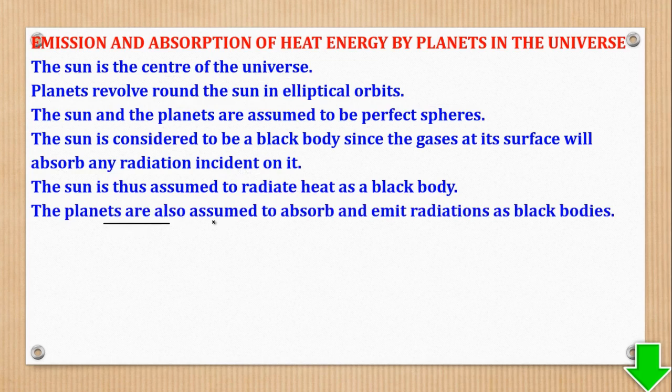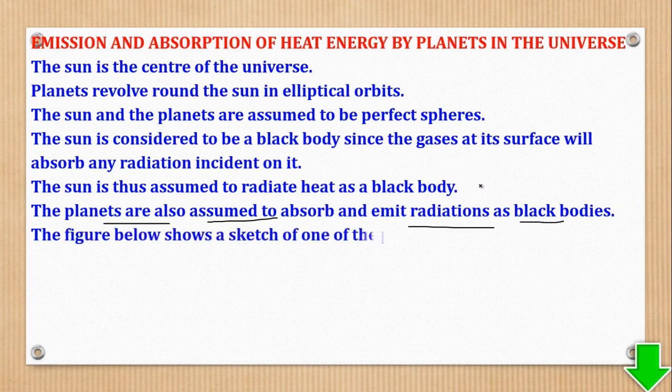The planets are also assumed to absorb and emit radiations as black bodies, as seen in the calculations. Therefore, the figure below shows a sketch of one of the planets revolving around the sun.